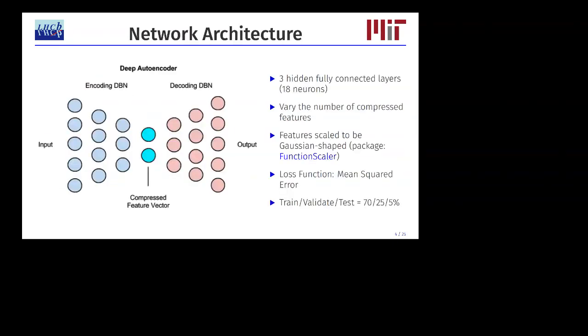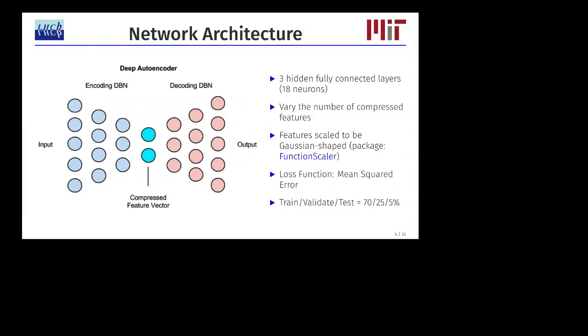So we use a vanilla autoencoder with 3 hidden fully connected layers of 19 neurons each, so keeping it somewhat small because we only have 9 input features, and we vary the number of the compressed features in order to see how much compression we can actually get.